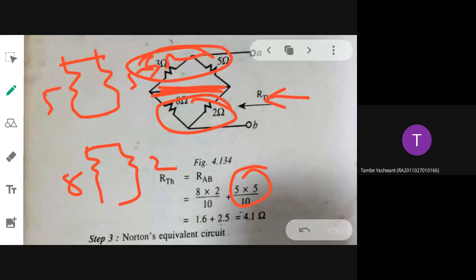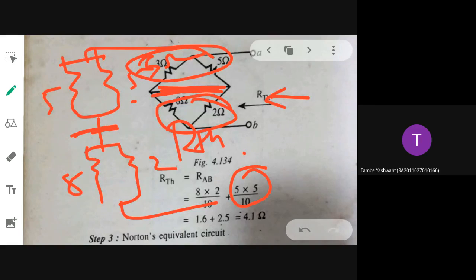Alright. This is a shorted terminal. This terminal is that battery, no? Here the battery is present, the shorted terminal. So what is your R Thevenin? 5.45? 4.1 is the answer.